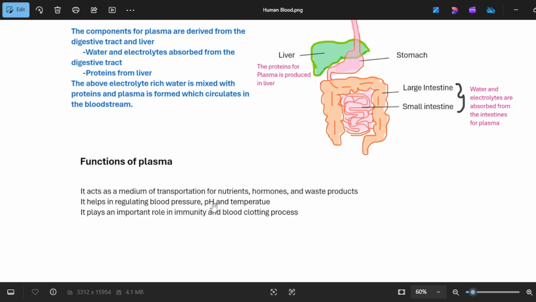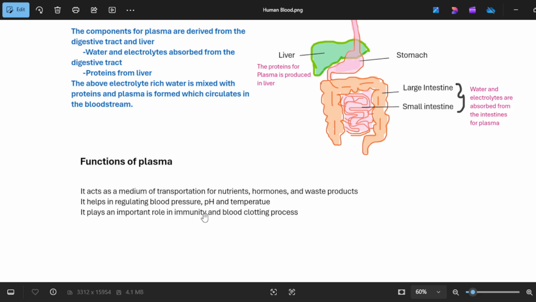And acidity, it reduces by absorbing the hydrogen ions. So, plasma has bicarbonate in it. So, this bicarbonate takes the hydrogen ions and neutralizes the acid in the blood. So, that's how plasma plays an important role in doing this. Next, it also plays an important role in immunity and blood clotting process.